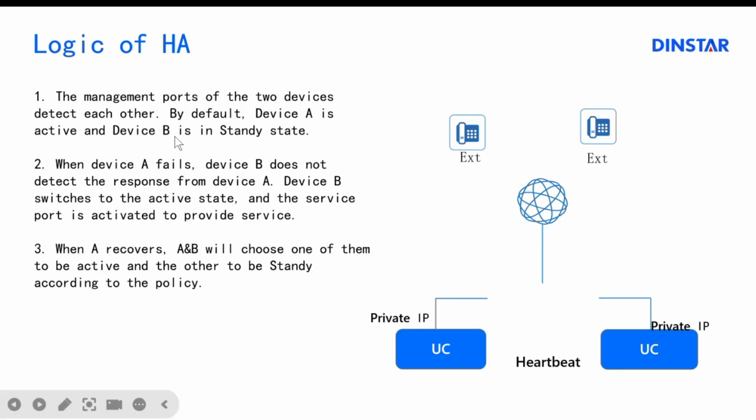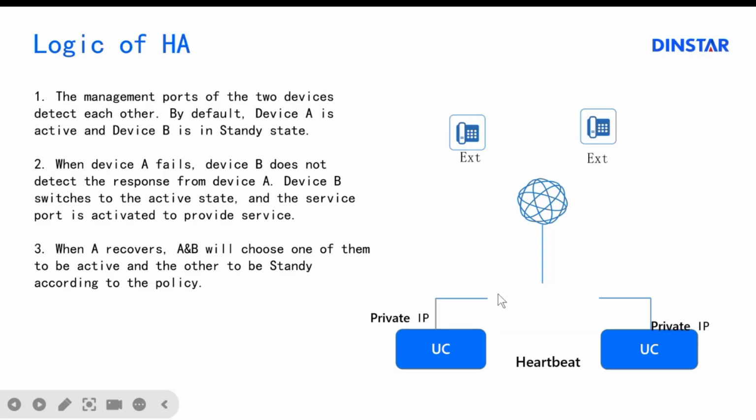And next, we will analyze the working logic of UC HA by combining this schematic diagram. As you can see, the architecture includes two UC devices, each assigned a private IP address, and they share a unified floating IP address.